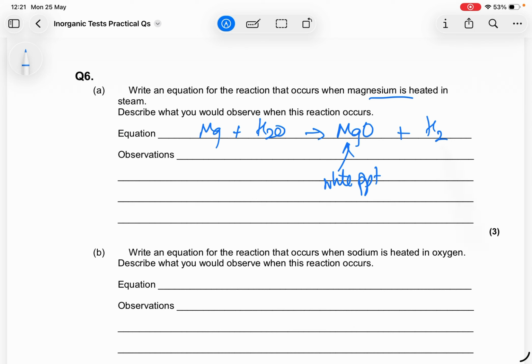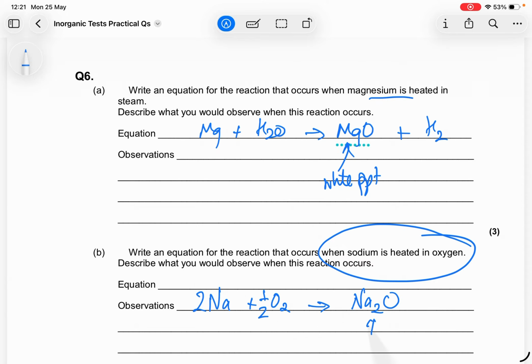And when sodium is heated in oxygen, sodium plus O2 will form Na2O, make that a 2, make that a half, and again sodium gives you a white solid, but it does burn with an orange flame, but that's your main product. And that is it really. That's a quick rundown of some of the inorganic practical questions.